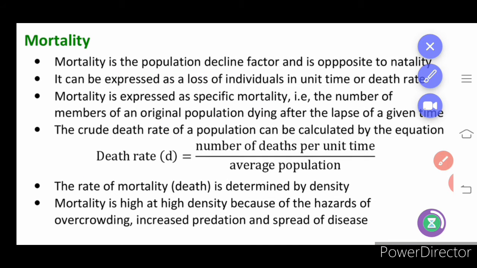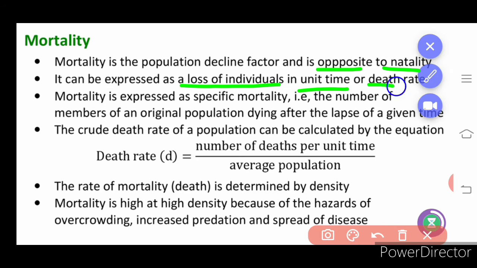Next we have mortality, that is death rate. It is a population decline factor, opposite to natality. So it is a loss of individuals per unit time. Okay, so that is what is called as death rate. Rate is always with reference to time.